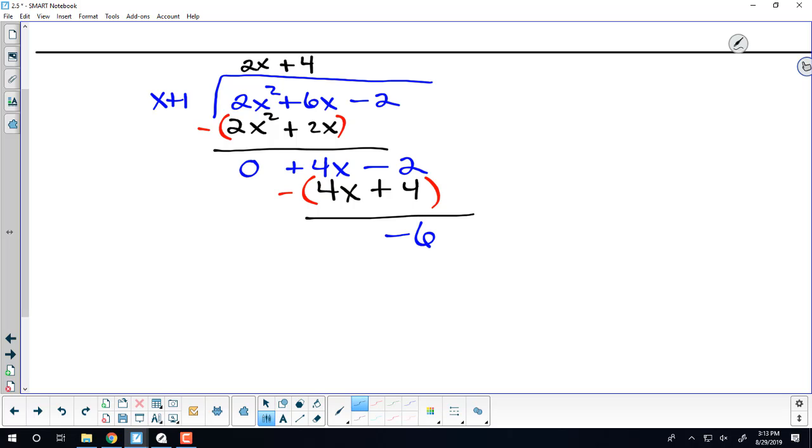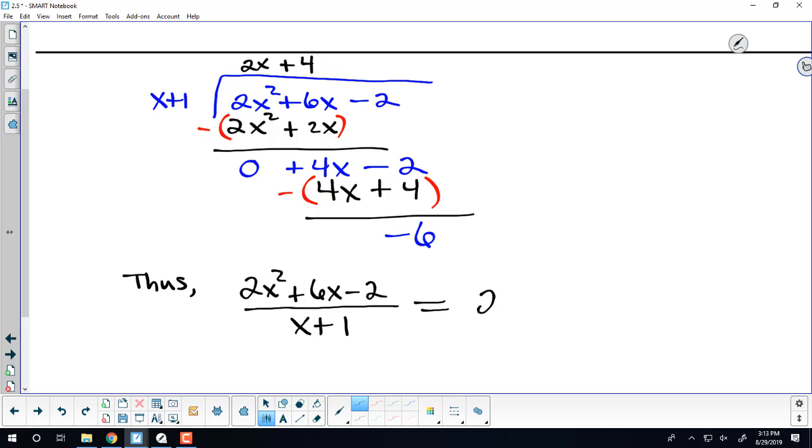All of this stuff that we've just done means 2x squared plus 6x minus 2 divided by x plus 1 is actually equal to what? 2x plus 4? Is that it? Minus 6? Is that it? 6 over x plus 1.